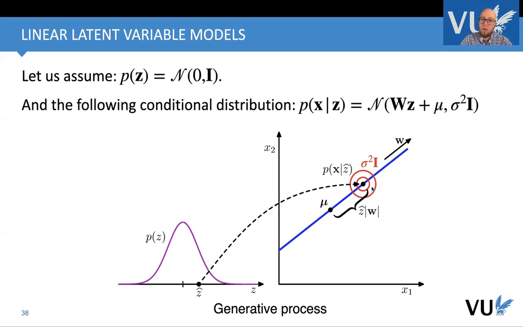And then we will be generated somewhere in this region, where the covariance matrix defines how we spread the point somewhere around this mean. Okay, so this is the generative process. This is how it works.